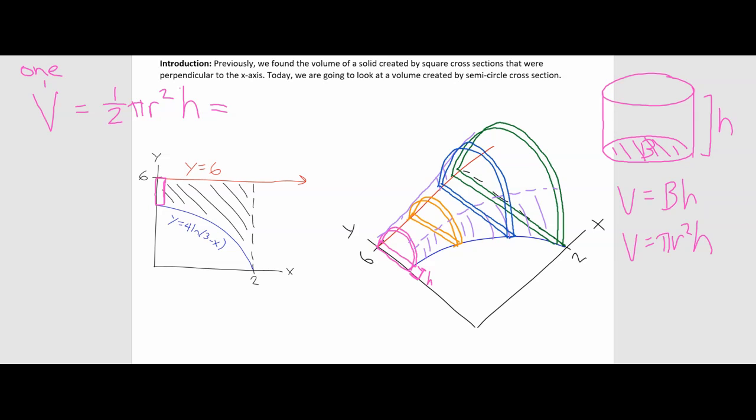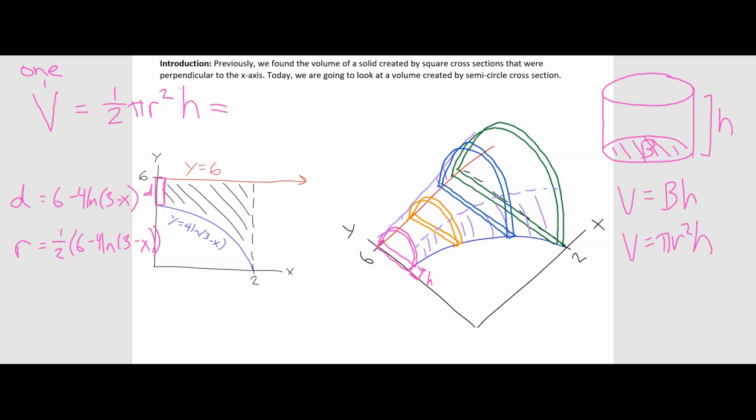So we could say diameter, we'll let D represent diameter, would be 6 minus 4 times the natural log of 3 minus x, which means the radius, or r, would be equal to 1/2 that quantity. And you can simplify that, but I just wanted to show you everything so you could see the relationship between a radius and a diameter.